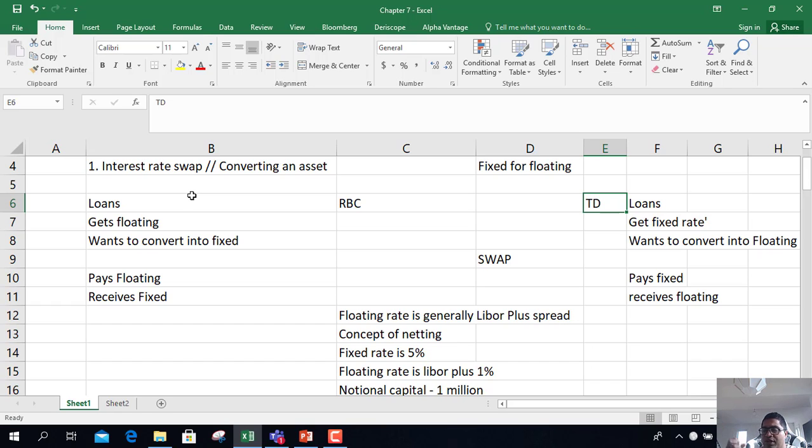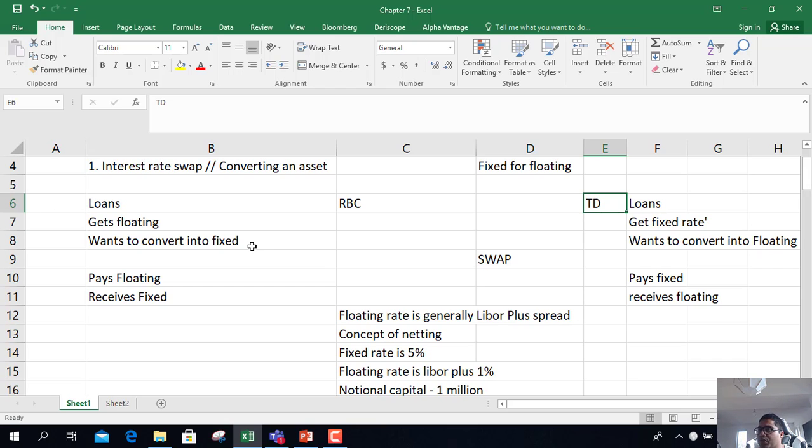Now let's say RBC is getting floating interest rate on its assets. Whatever loan asset it has, people are mostly paying floating interest rate on those obligations. TD is getting a fixed interest rate on its obligation, so people are paying TD at a fixed price. Now RBC wants to convert its assets into a fixed interest generating asset.